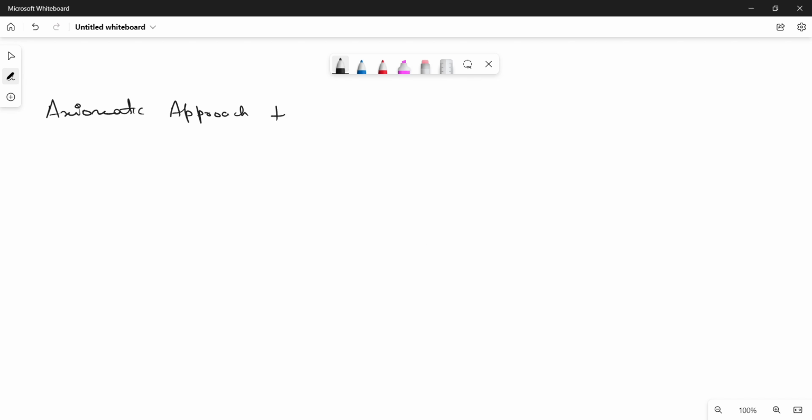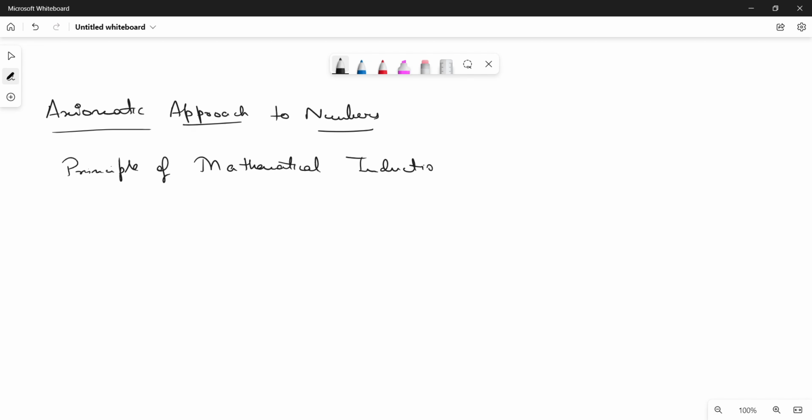In our high school maths, we are already very much accustomed to the principle of mathematical induction, where we usually prove a statement which is true for all natural numbers, right?